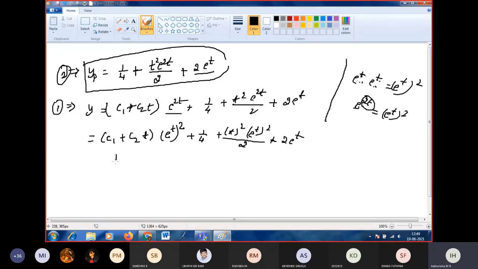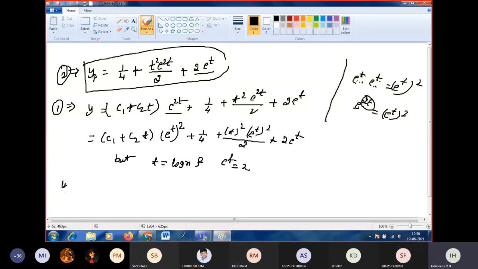But what is t equal to, in terms of x? t is log x. And what is e power t in terms of x? x. Now substitute all these things.